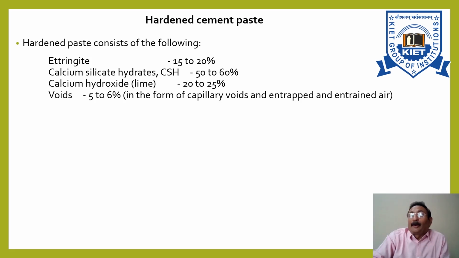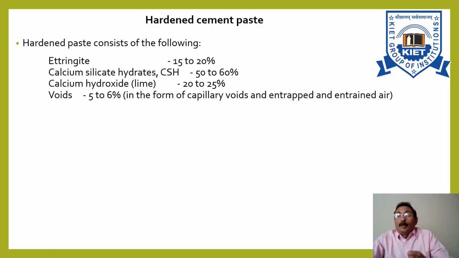And calcium hydroxide, that is hydrated lime, is taking 20 to 25% of the space. And 5 to 6% is voids, in the form of capillary voids. And air can be entrained or entrapped in it, which we had discussed in the first video also, that 0 to 3% of the air is always present.